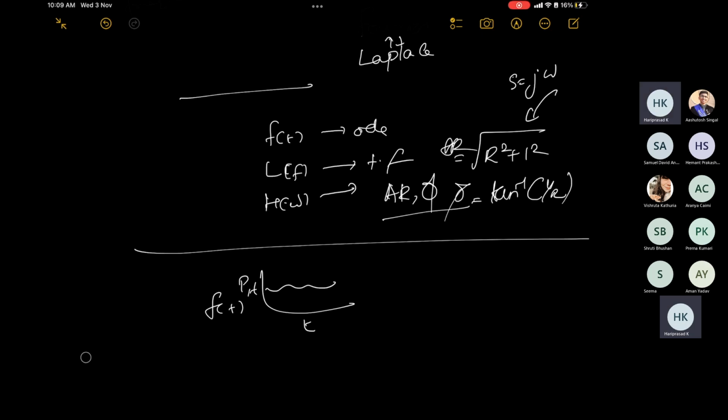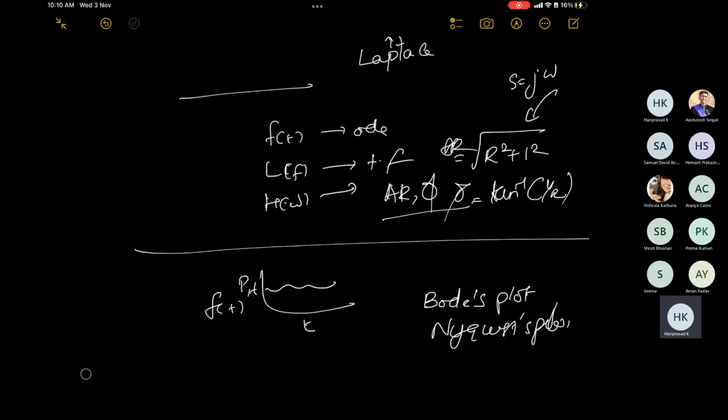The various ways of representation are the Bode plot and the Nyquist plot. These are schematic representations showing the responses, which are not time versus some characteristic, but something else.